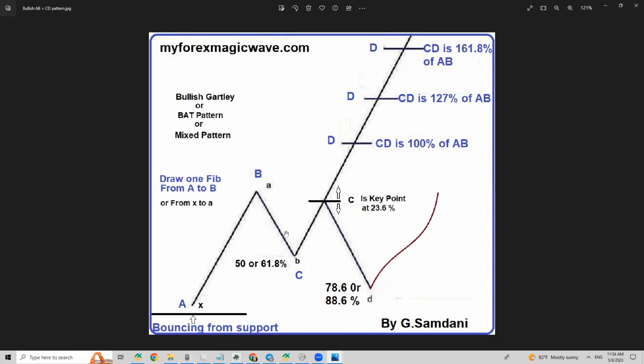So this swing, first pullback is this, then it will retrace back to 23% of this move. And then either, this is a very, very important point, right? Either this will take the price all the way to the upside of these expansion targets, like 100%, 127, or 161% fib expansion.